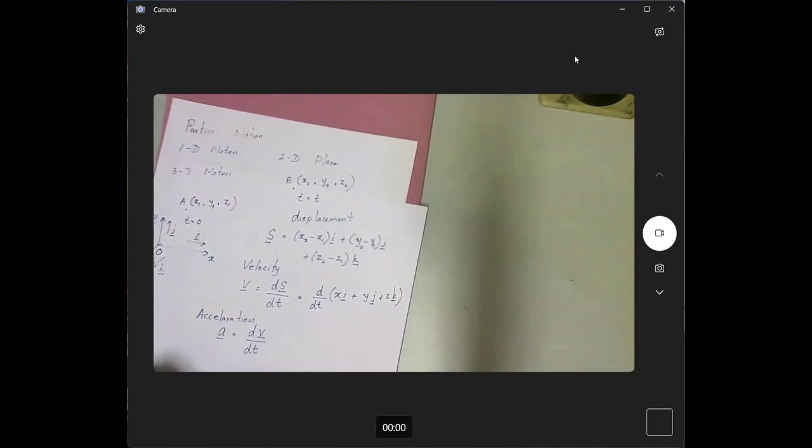So now I can do the differentiation, d over dt of x i. Then if I write it like this, is it correct?